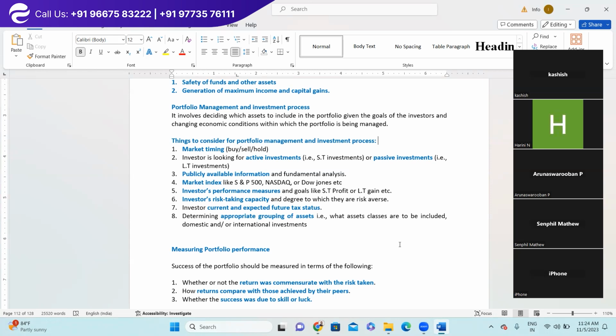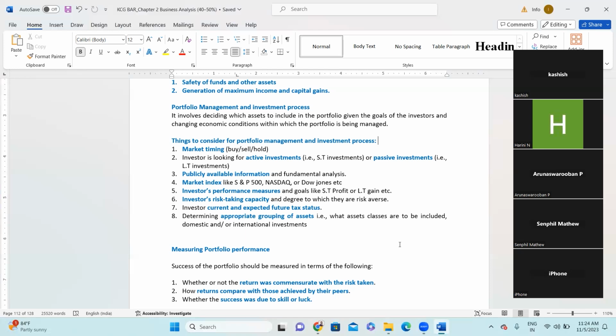In addition, there are certain aggressive investors who have more risk appetite or risk-taking willingness, right? Those investors may also invest in small startups, small size companies, or mid cap companies more than the large top 50 companies, right?